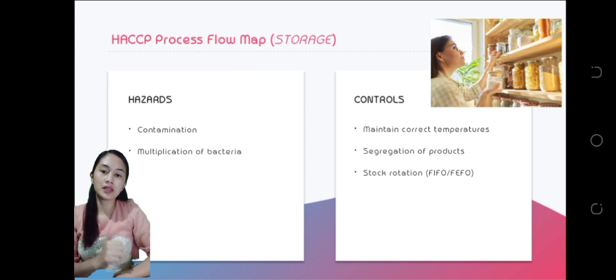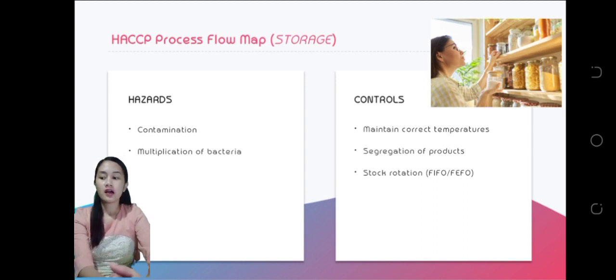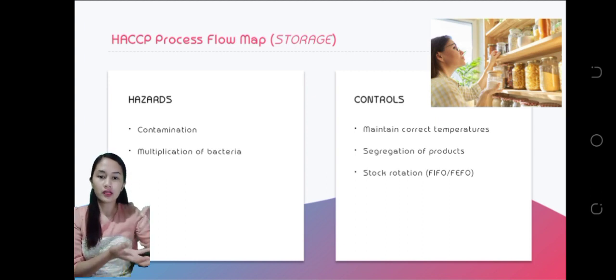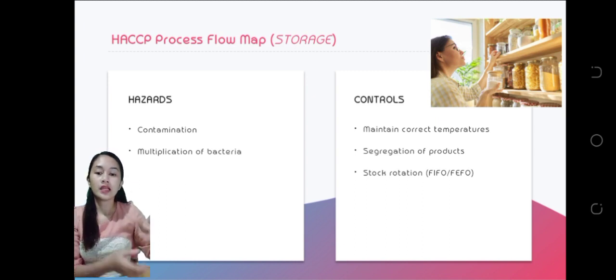If ma-maintain na to ang correct temperatures, then ma-achieve na to ang goal. Then segregation of products: we must segregate the food by category, isegregate po na to tong food nga lahi pod nga category para dili sila mag-uban, para dili ra kayo high ang contamination sa food. Then stock rotation.